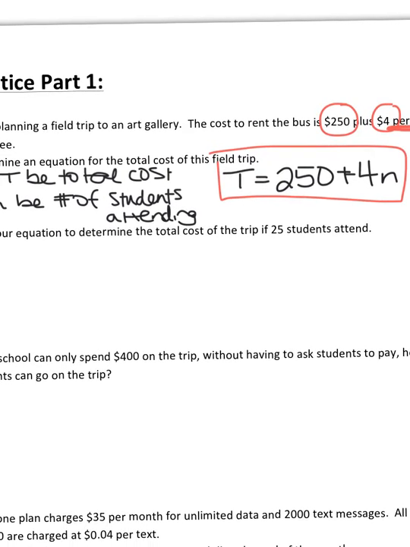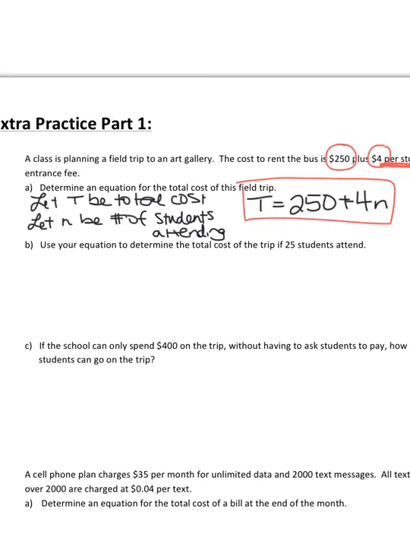Coming down here, question B says use your equation. So use the equation we just came up with to determine our total cost for 25 students. Our total cost is going to be 250 plus $4 times 25 students. Okay? So I have 250 plus 4 times 25 is 100.